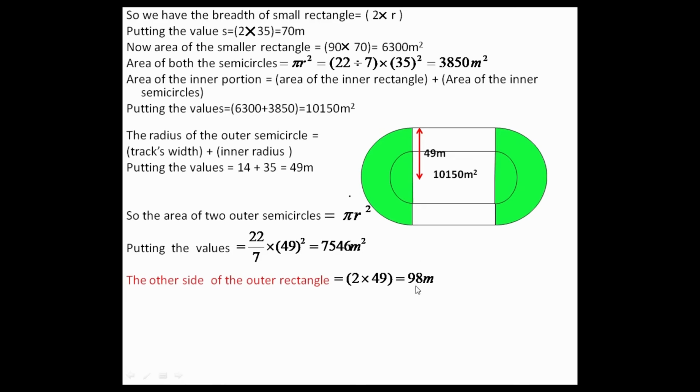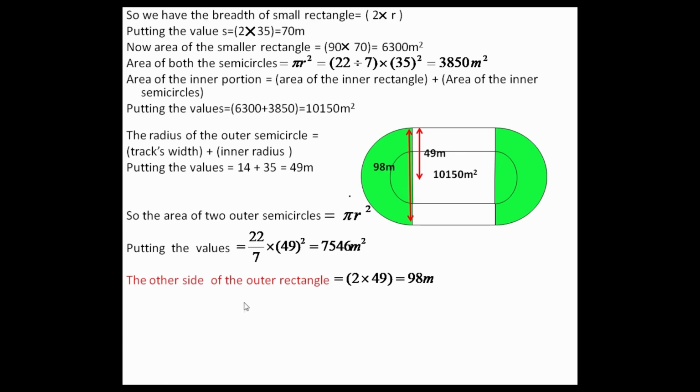We will get the diameter, which is 98 meter, and this diameter is also equal to the other side of this large white rectangle. If you observe the figure carefully, you will see that this diameter is equal to the other side of this large rectangle. Now you must be thinking, why have I said this other side as the other side of the outer rectangle?